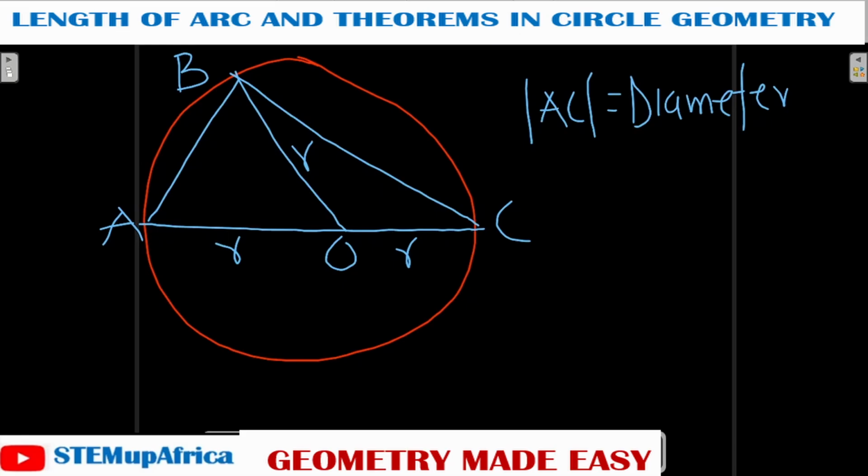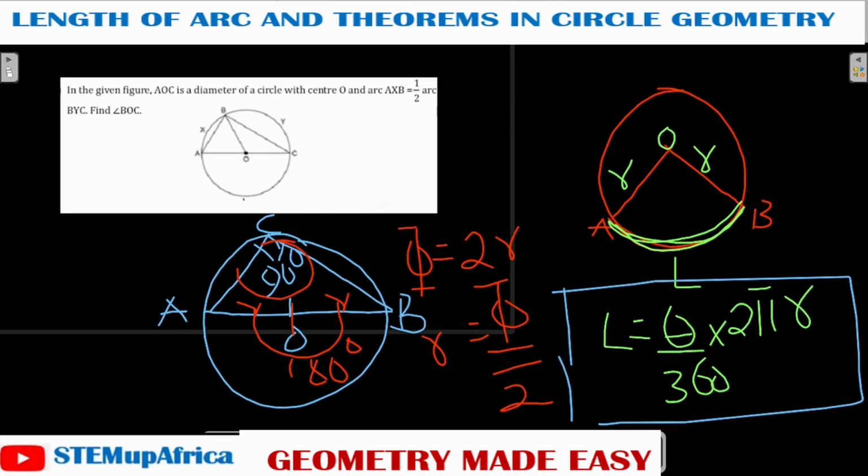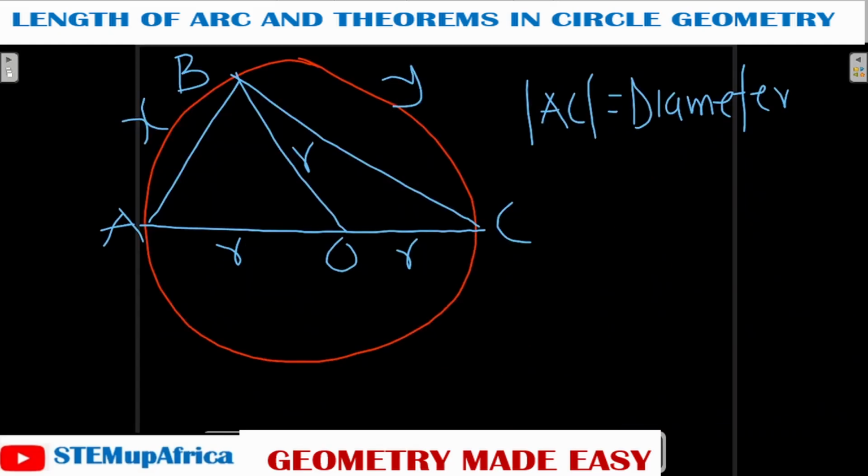And we are told that the arc AB is x, and the arc BC is y. They also made a statement that the arc AB is half the arc BC. We're asked to find angle BOC. So let's see how we achieve that.